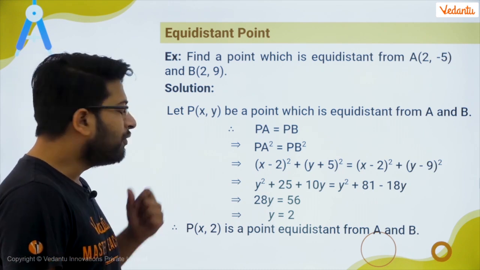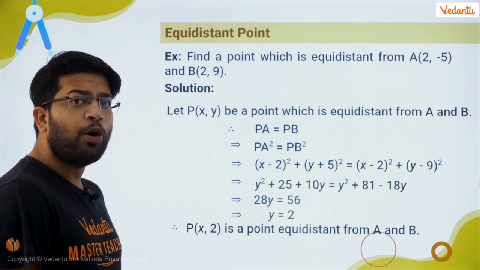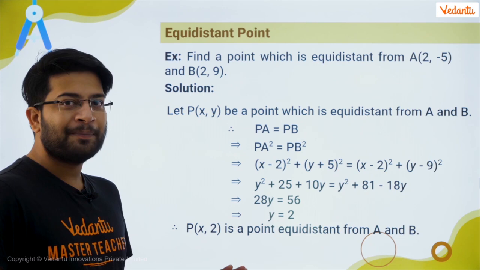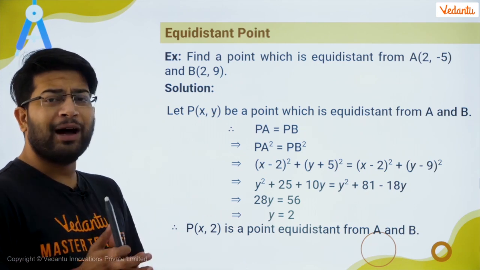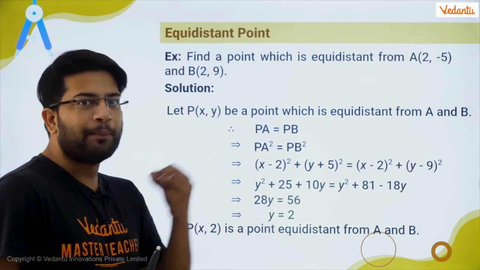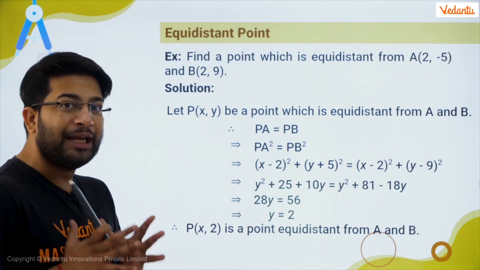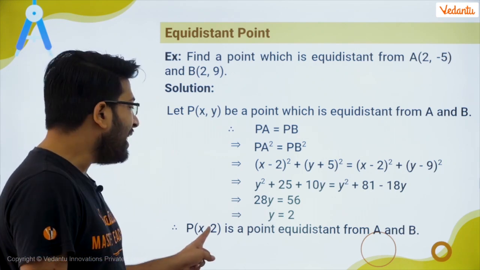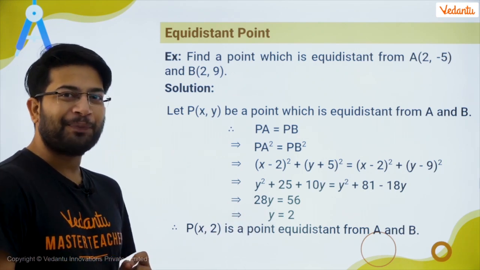That means for the point P, the value of x could be anything. Could be 0, could be 1, could be minus 1, could be 1.5, could be rational or irrational. But the value of y will always be 2.